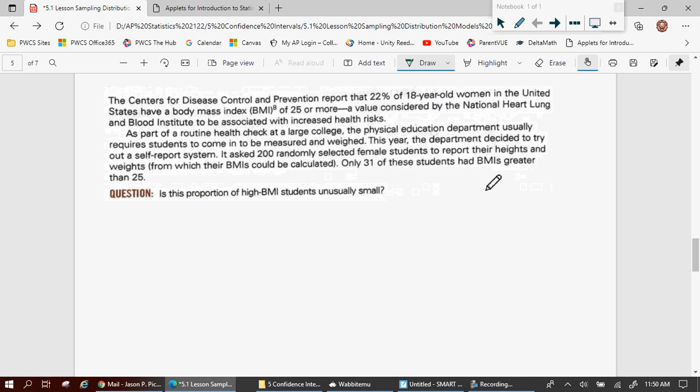So we will document our conditions. It said it was randomly selected. So my 200 female students were randomly selected.